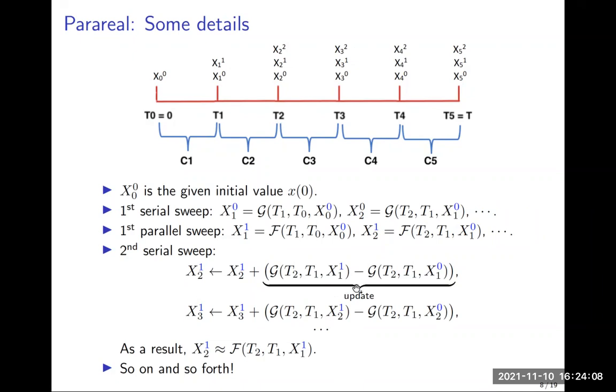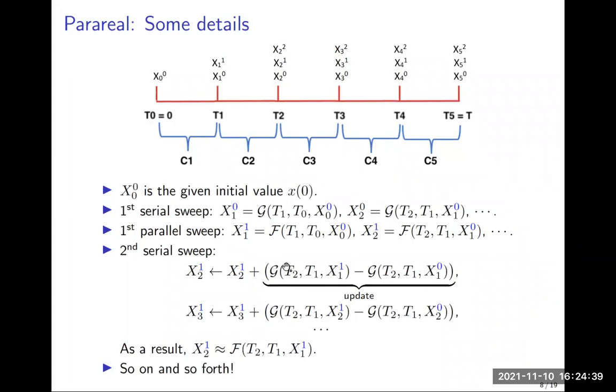All right, and this has to be done in serial because if you notice here, right, you actually need the previous value in order to do the current value, the current time step. So this step has to be performed in serial. But again, you're getting the update using the coarse solver. So hopefully, although it is done sequentially, it is relatively fast because you use the coarse solver.